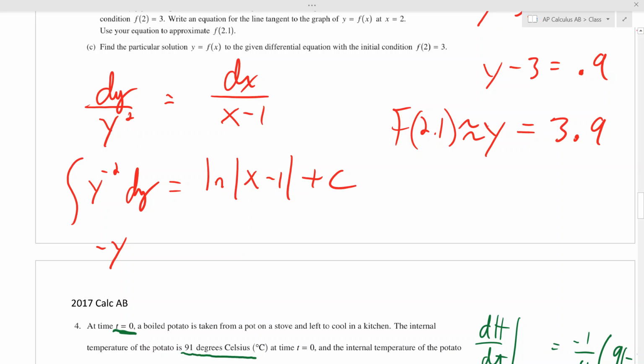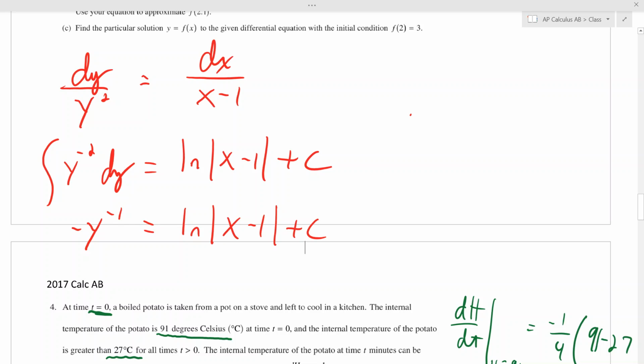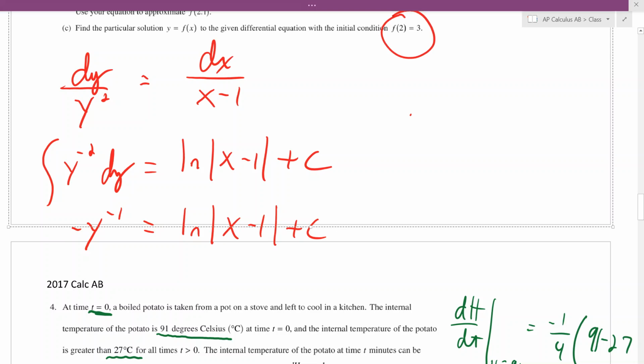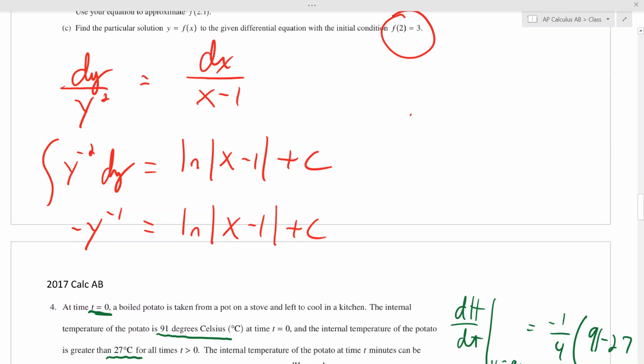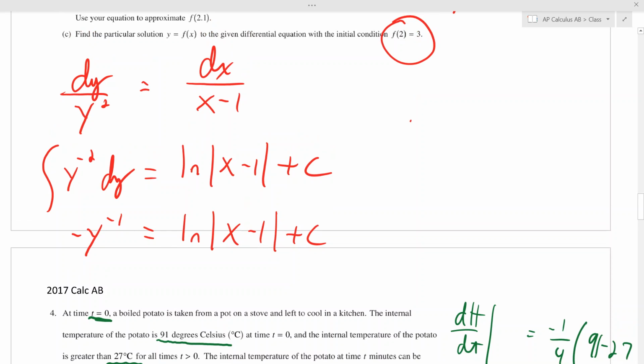So that becomes negative y to the negative 1 equals ln of x minus 1 plus c. Okay, and like I said before, once you handle the integral on both sides, you can plug in the point they gave you to solve for c. If you can do it at the end as well, it really doesn't matter, but if you plug in that point, 2, 3, it's going to tell you what c is.